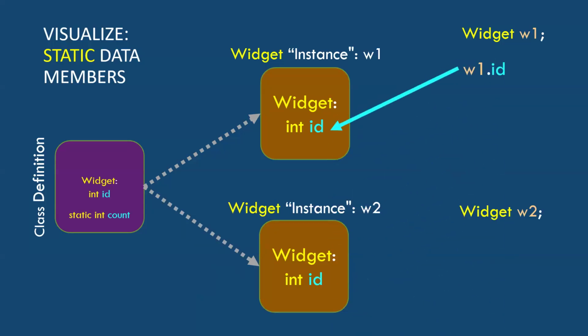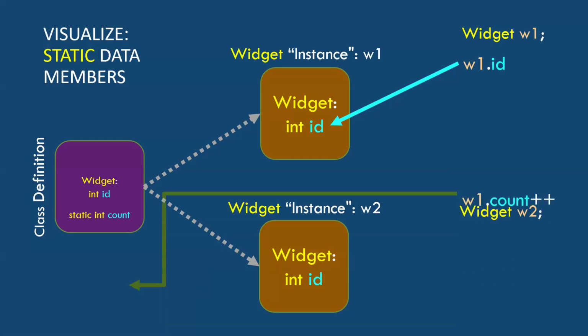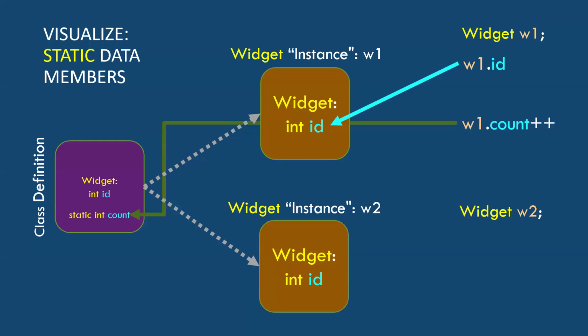So when we speak about the ID of an instance, we usually will say the variable name dot ID, right? So W1 ID, that's getting the ID from that instance there, right? But if I say W1 dot count increment, I'm really reaching through the instance to the factory and saying, hey, I want to increment the count that's at the factory.